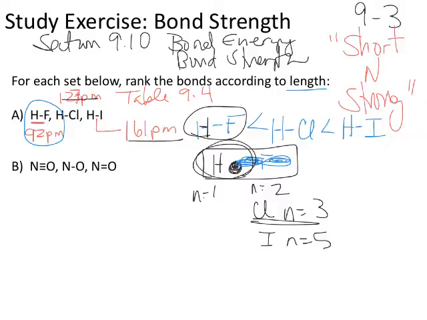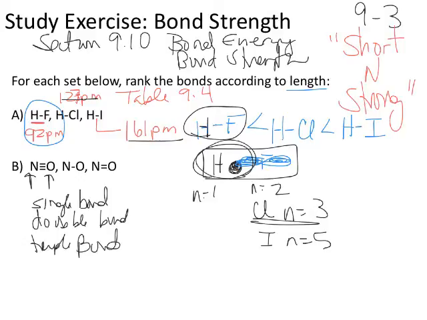Okay, now we're dealing with the same elements, nitrogen and oxygen. They're bonded to one another, but you're dealing with a single bond, a double bond, and a triple bond. And if you look at the tables, so these bond lengths I'm getting, these are in table 9.4, you'll see that this one's not listed, the triple bond, but the single bond is 136 pm and the double bond is 120 pm.